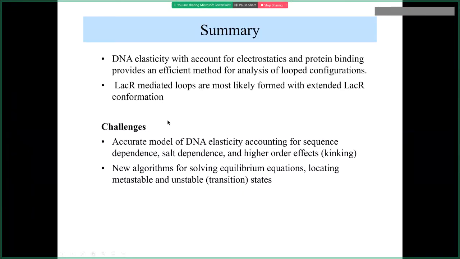Now the challenges here are that even though we try to include as much realism as we could in the calculation, there are still unexplored avenues. There are proteins that bind to DNA other than just the repressor in vitro. And also there are difficulties with computing these configurations and computing the free energies of those states that have to do with computational expense.